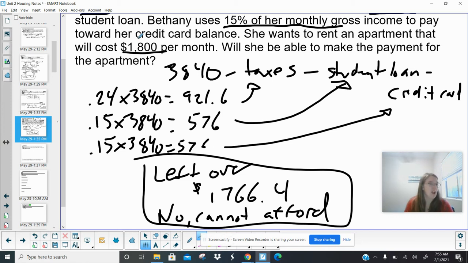She can't afford anything else, but she can make the payment for the apartment. So we're not here to judge a person's choices. We are just to look at the math and say, yeah, she doesn't have enough money left over, or she has exactly enough. Yes, go for it. Why not? But again, in this case, she did not have enough money left over. So the answer was no.